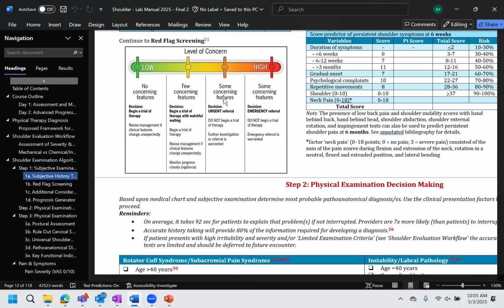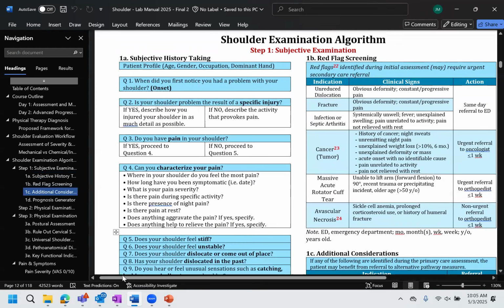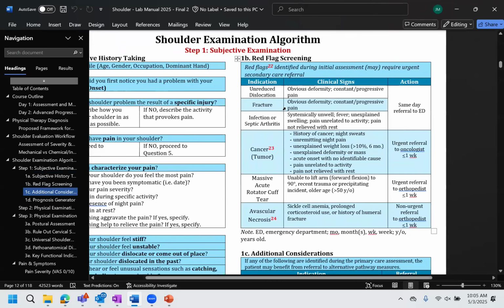You have some concerning features, and whether you need to have an emergency referral or otherwise, does this person belong in your clinic? And so in that determination of red flag screening, again, we won't go thoroughly into this, but enough that the ones that you don't want to miss, right? Fracture, infection, cancer, massive acute rotator cuff tear, avascular necrosis.